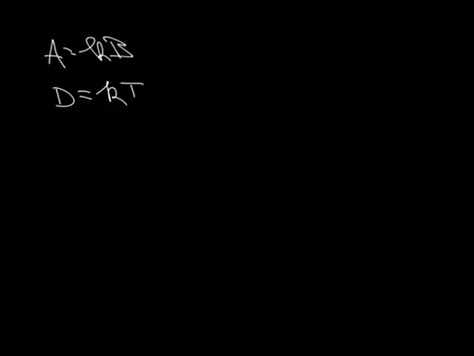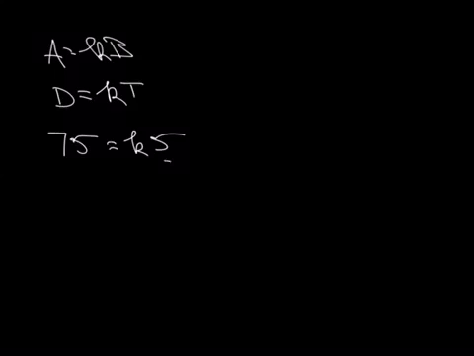It says constant speed. Speed really doesn't have anything to do with this at all. Alright, so there's my formula, and I keep reading to fill in the blanks for my formula. If the car goes 75 kilometers distance in 5 hours, okay, so that helps me find my K.